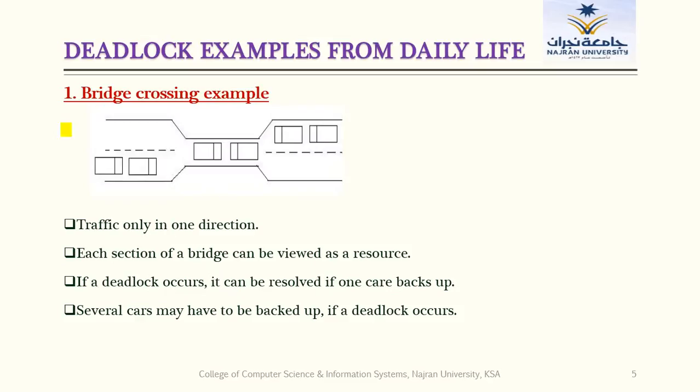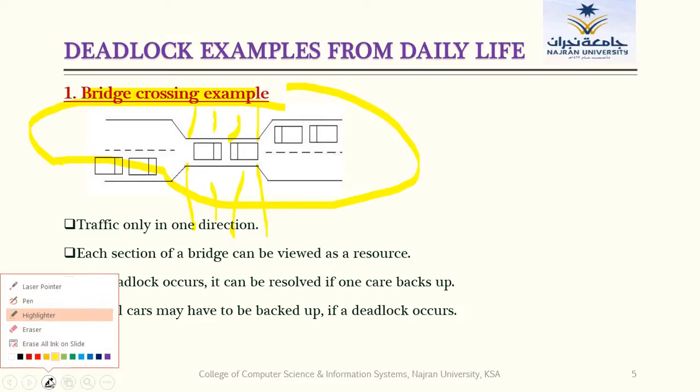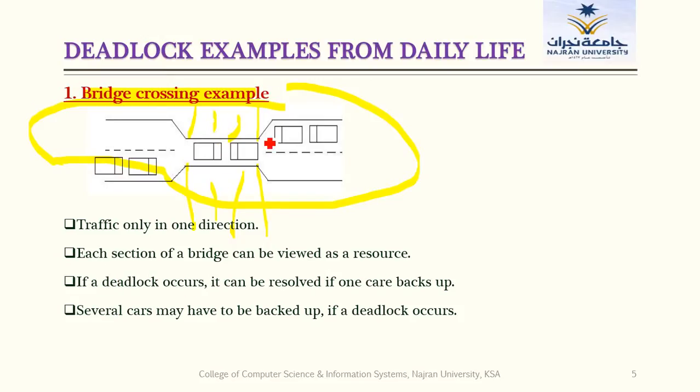Now there is one example from our life. We also face this deadlock situation, for example, the bridge crossing example. If you see this diagram, there is a bridge here. This bridge is also a resource to cross the river. On the bridge only one car can cross at a time.